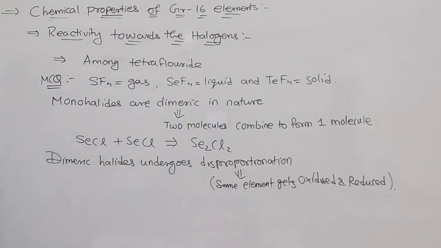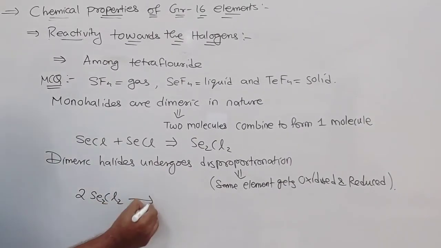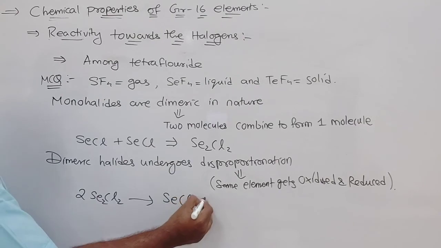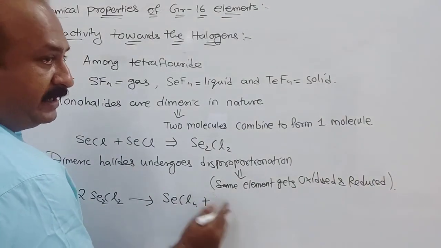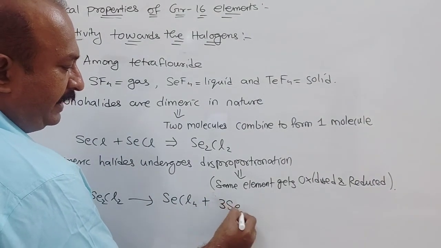Now for that, in your textbook, one example is given: 2Se2Cl2 gets disproportionated into SeCl4 plus 3Se.